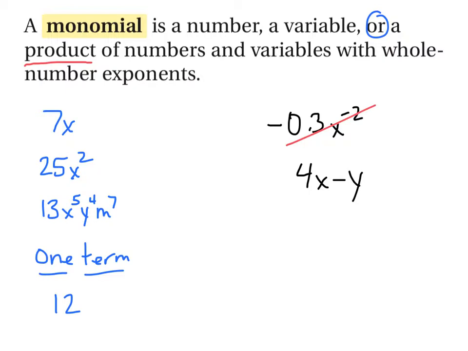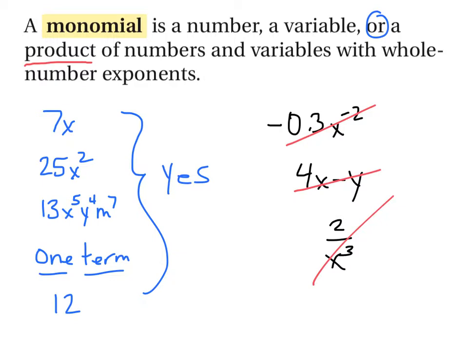That's also not a monomial because it's two things that are subtracted and ours need to be multiplied together. And what about 2 over x cubed? Also not a monomial. That turns into 2 times x to the negative 3, and that makes a fraction. It's not stuff multiplied together, it's divided, has a negative exponent, so we cross that off. These are not monomials. These guys are monomials.